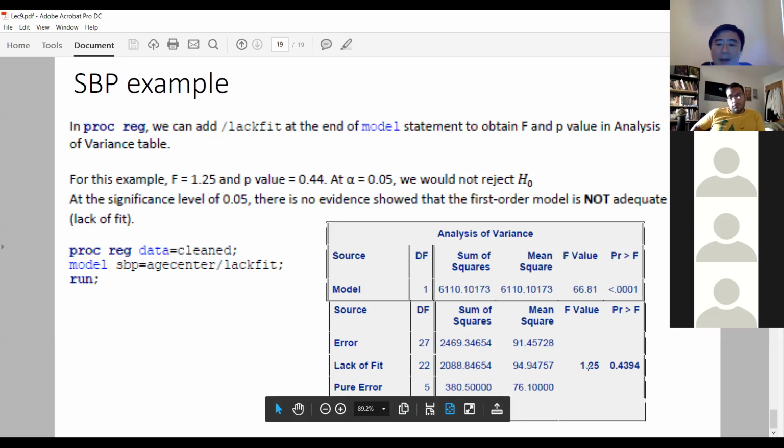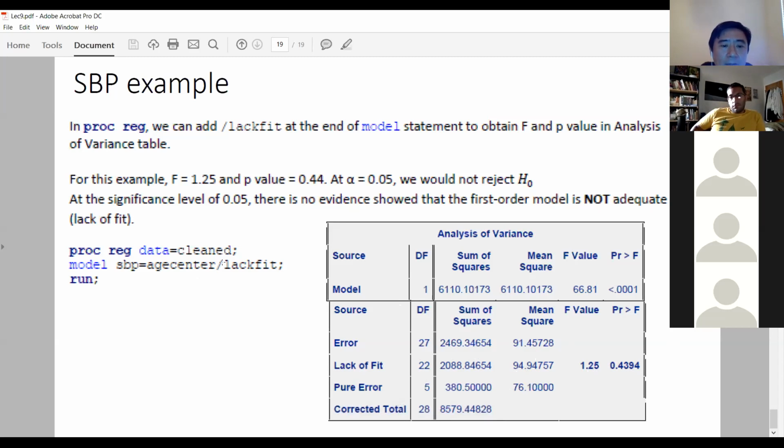And because the F value is too small, you do not reject the null hypothesis, which means it is not necessary for you to include these higher-order polynomials on top of the linear term. So that's the take-home message. Again, what I want you to know is how to interpret the F values and p values from the lack of fit. Using the lackfit option, you'll be able to test this very easily in SAS.